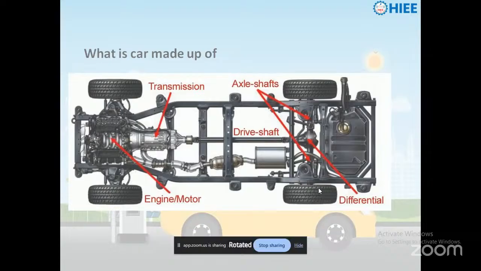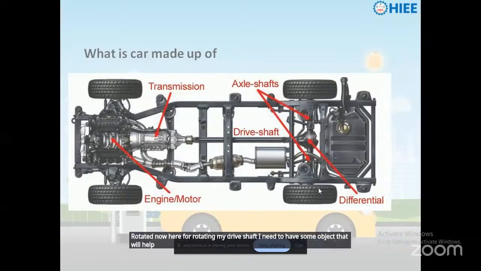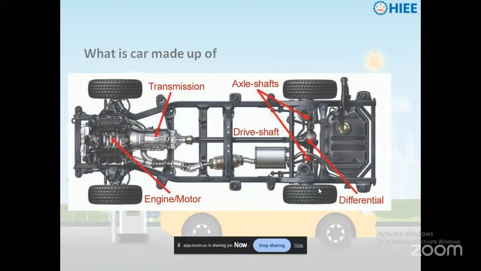For rotating it, I need some object that will help to rotate the drive shaft, because it is a normal stationary object that needs energy or needs to be connected to something for rotation. Now this drive shaft is connected to the rotor's shaft, the motor shaft.